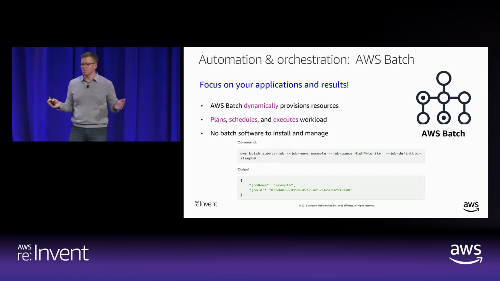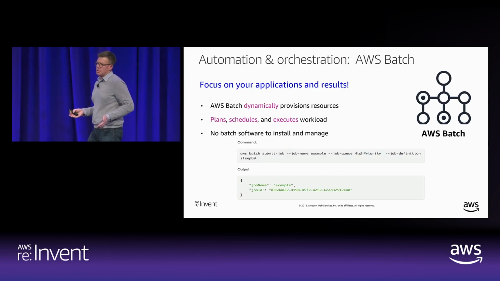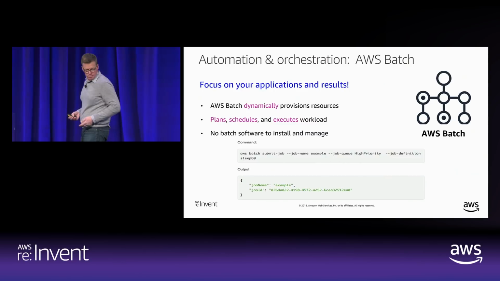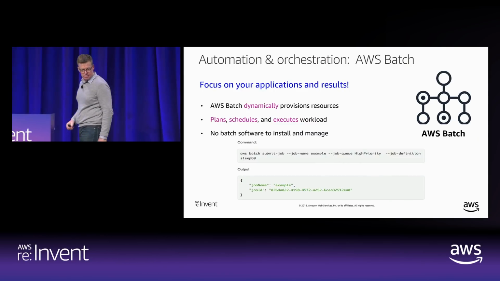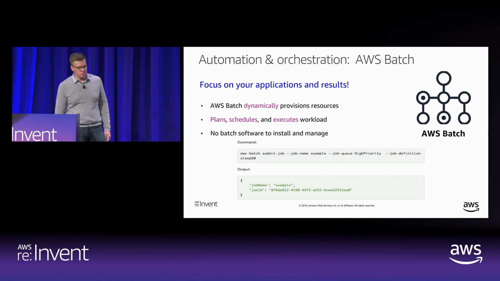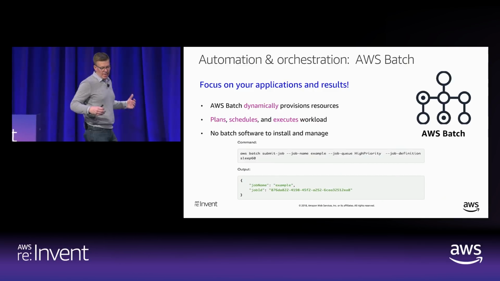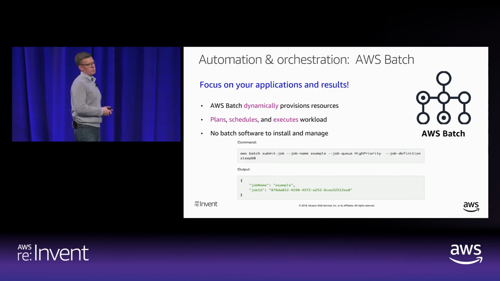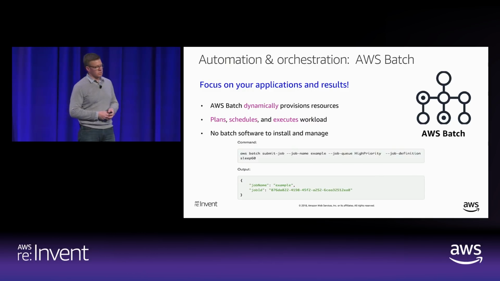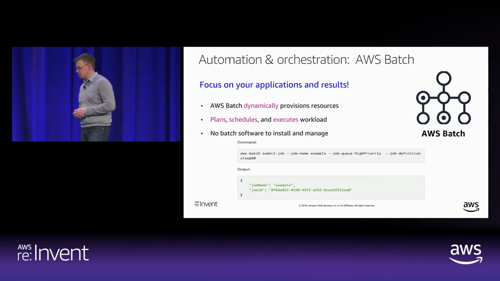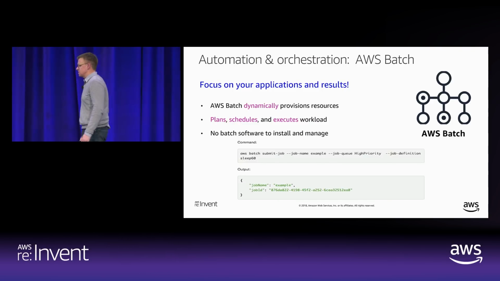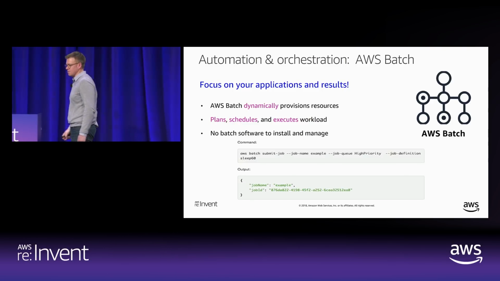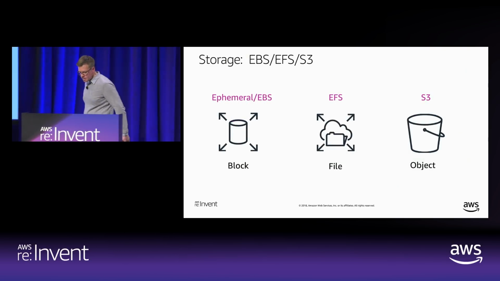But it does all the work for you, and it's simple. The command is right there: batch, submit job, name, job definition. It's pretty easy, and then it outputs your job ID. It's very similar to your LSF or Sun Grid Engine. And so we feel that Batch is very powerful for us, and we see that this is the future.